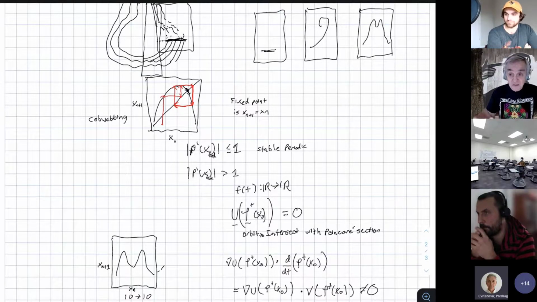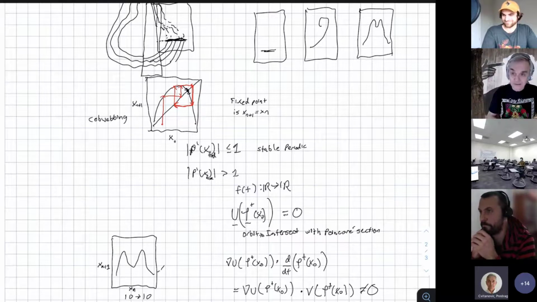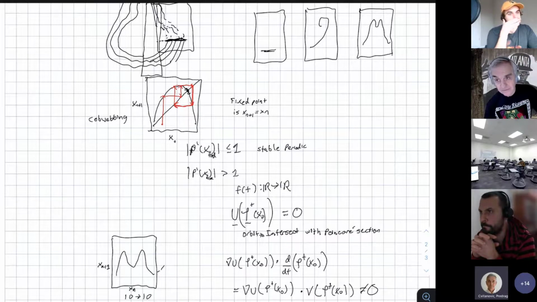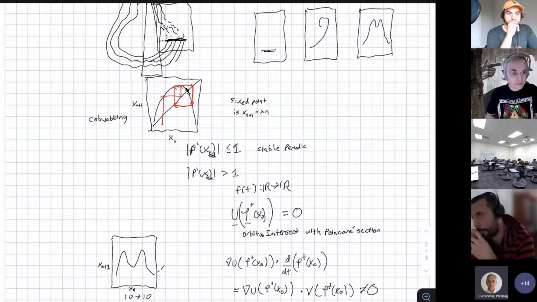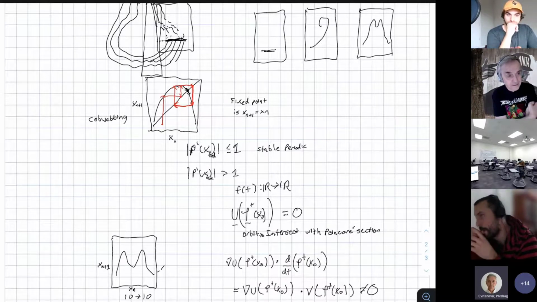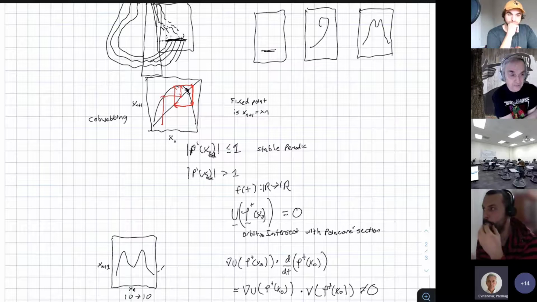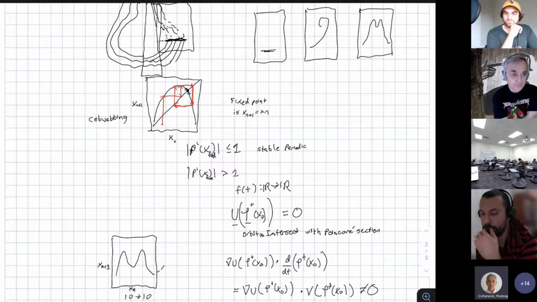Here it's much fancier because there's this topology and things are entangled, and you have to count infinitely many orbits, because in chaos you have infinitely many things you have to take care of, and you have to put them together. And that's what the zeta functions and things like that will do: how you collect all this infinite invariant information that doesn't depend on how clever you are in doing your Poincaré section.